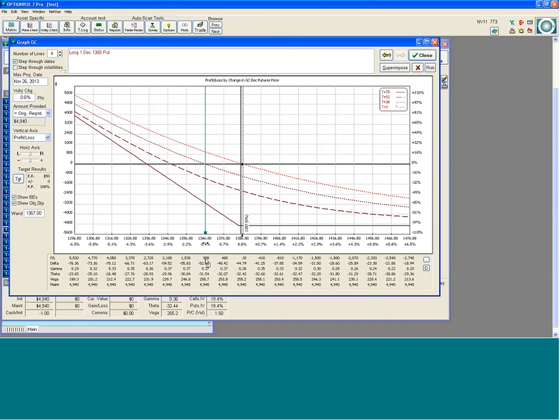You're going to participate in 48% of the move. A $20 move is $2,000 on the futures times 48% comes out to be $960 on my calculator. OptionView is showing us a $990 profit, close to the 960 figure. Likewise, you have losses on the upside.